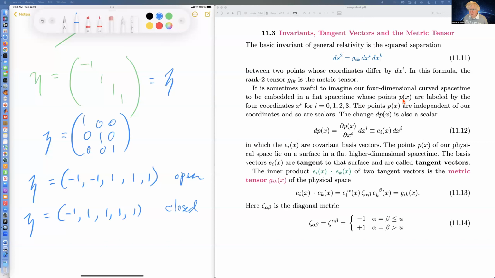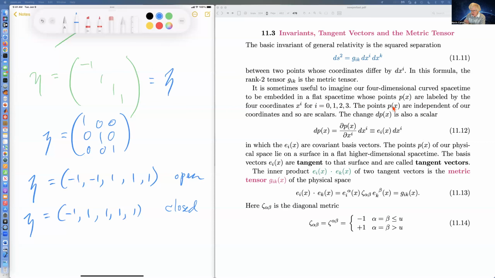And as I said, it's sometimes useful to imagine that our 4-dimensional curved spacetime is embedded in a flat spacetime. Points then are labeled by our 4 coordinates. These points are physical points, and so they don't change when we change our coordinates. So they're scalars.